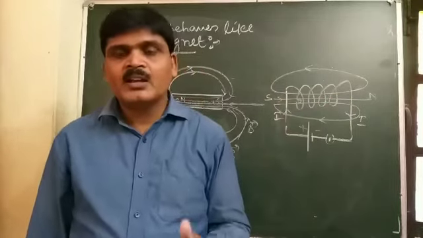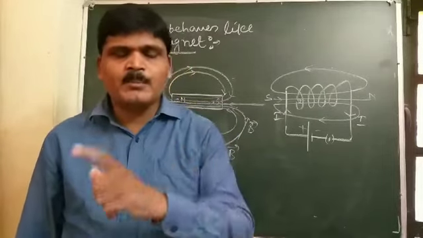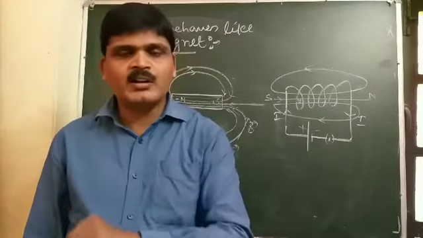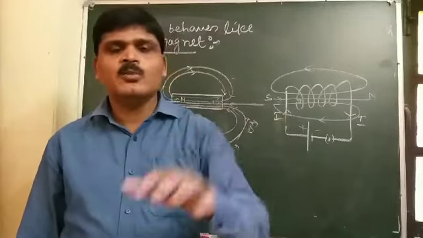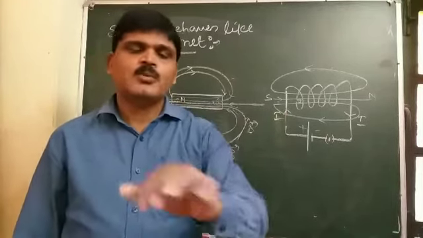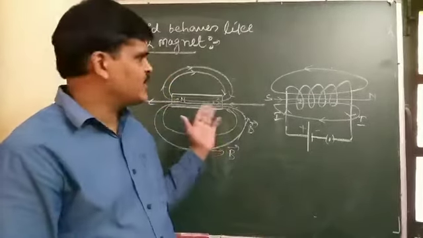Next property: if we break the magnet into a number of pieces, each part of the magnet has a north pole and a south pole, because no monopoles exist in nature. Poles always occur in pairs, but the strength of the magnetic field decreases.